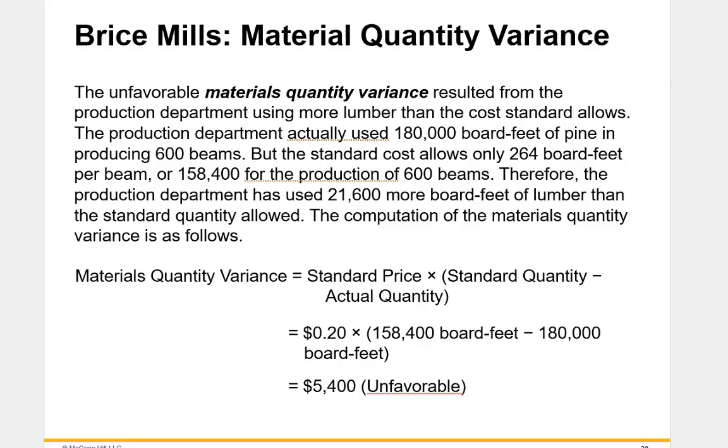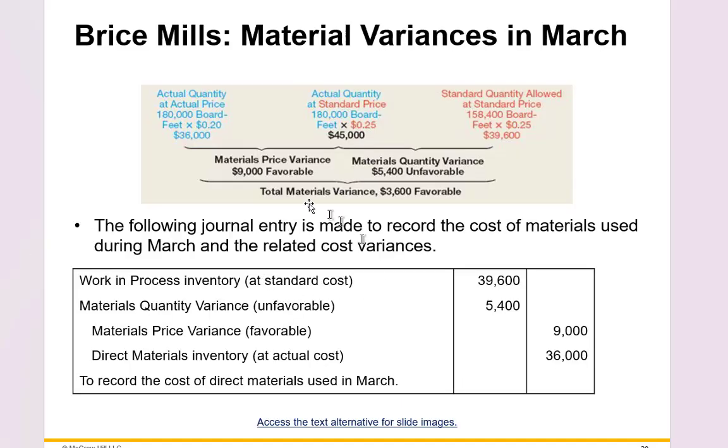And so to summarize what has happened with the materials variance, we're going to charge standard cost to the work in process inventory, and then we're going to see some charges to the quantity variance, which was unfavorable. I think of it like an expense or a debit.